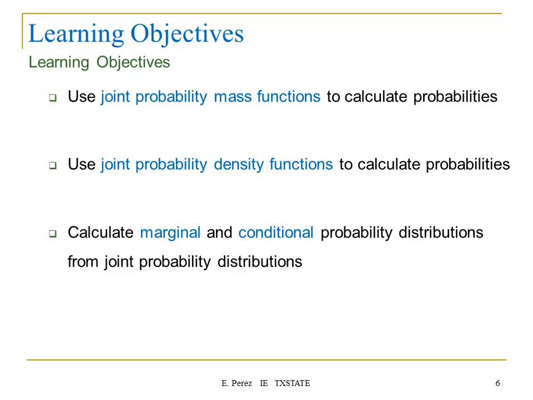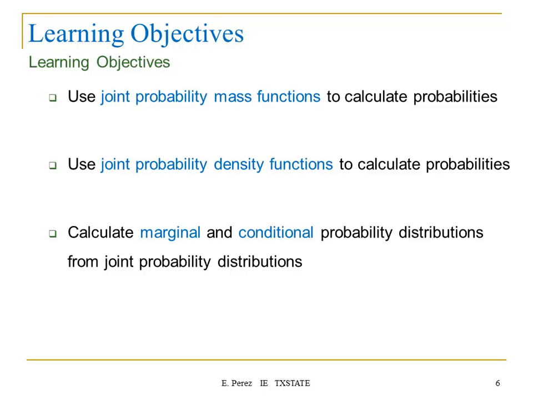So the learning objectives: use joint probability mass functions to calculate probabilities. The second objective is to use joint probability density functions to calculate probabilities. Anyone remember what is the difference between these two? What is the difference between probability mass functions and probability density functions?